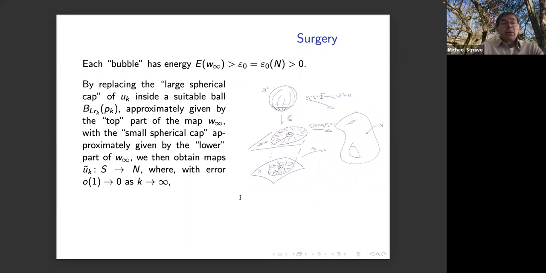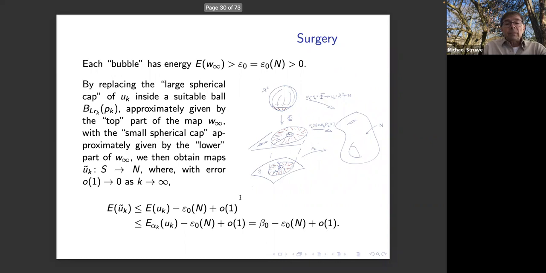So we will strictly reduce the energy of the competitor maps, and then obtain a map Uk tilde, which has an energy strictly less than the infimum of the Dirichlet energy in the homotopy class of our given map U0, in the homotopy class of which we hope to find a harmonic representative.